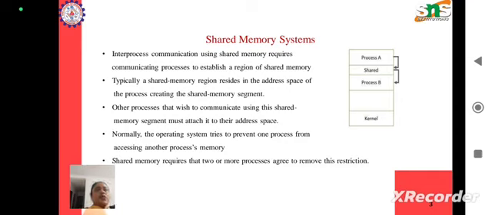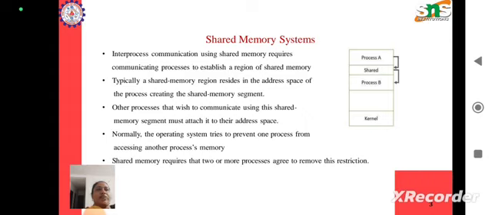So moving on, the other processes that wish to communicate using this shared memory segment must attach it to their address space. So what is the other process that wants to communicate here? It is process B. If process B wants to communicate, then what does it have to do? It has to attach the region of shared memory that was created by process A to its own address space.